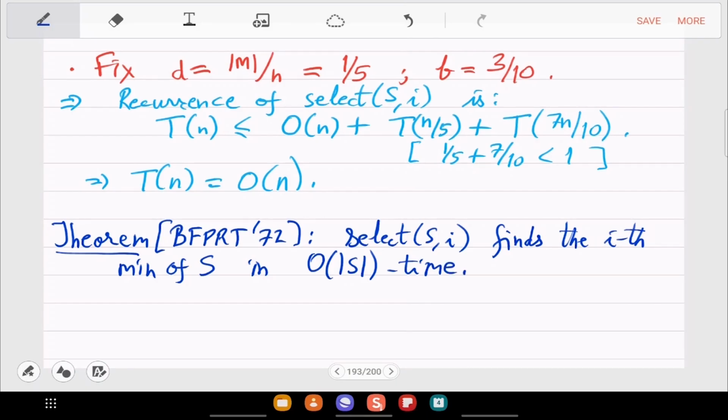Okay, so it can find obviously the median in linear time, in order n time, but it can also find anything you want, any ith.